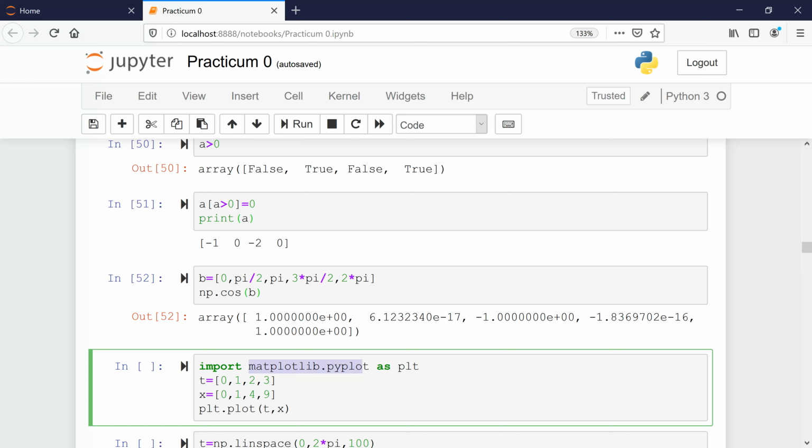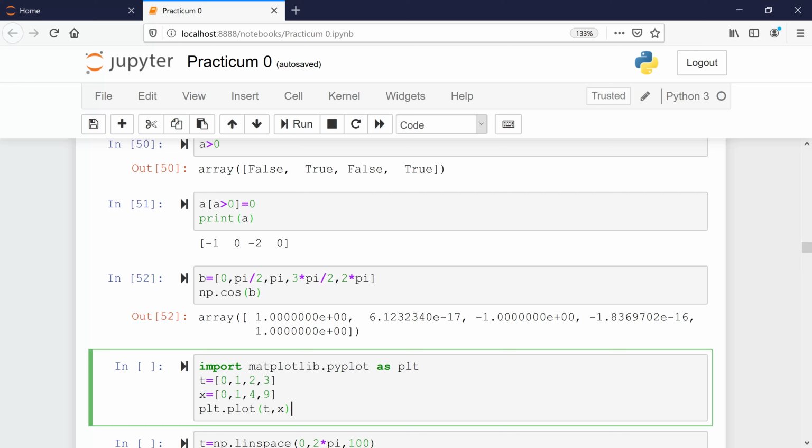Now plt has a function called plot. This is used by all Pythonistas around the world. So you don't need to worry much about all these details, but how does plot work? It's like other software: it plots a vector against a vector.